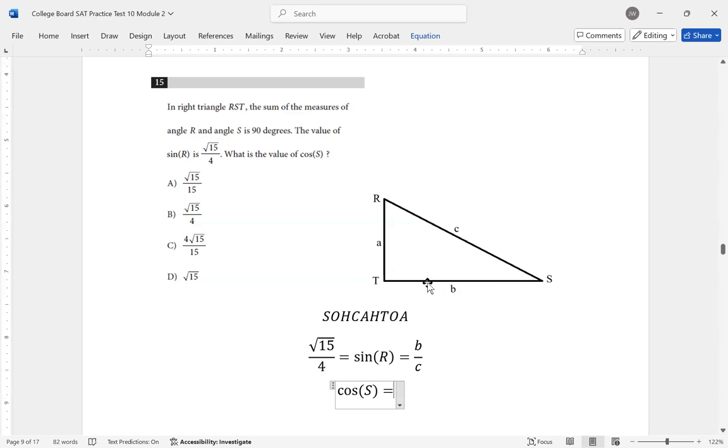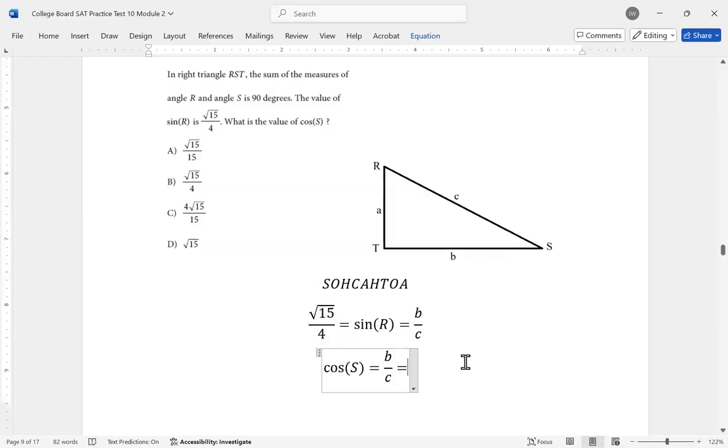The side adjacent to S is B, and the hypotenuse is C. Notice that that's the same as sine of R. And so cosine of S and sine of R are going to be the same value, which means that cosine of S is going to be the square root of 15 divided by 4. And therefore, we get B as the correct answer to question 15. So B is the correct answer.